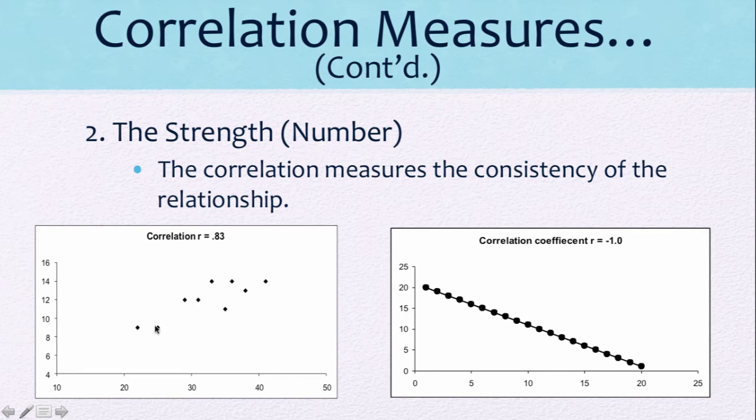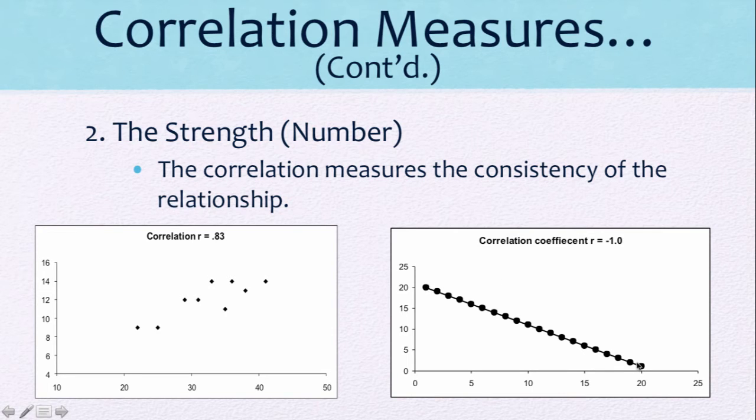One is indicated by the high correlation coefficient, 0.83. But the next thing that we can observe is that the points on the scatter plot are almost resembling a straight line, or pretty close to an imaginary straight line, if you will. And again, that indicates to us the strength of a relationship.